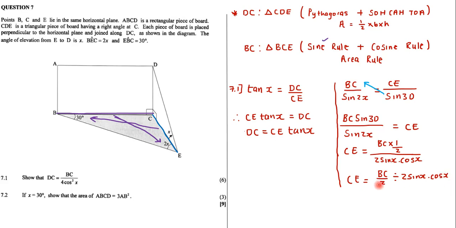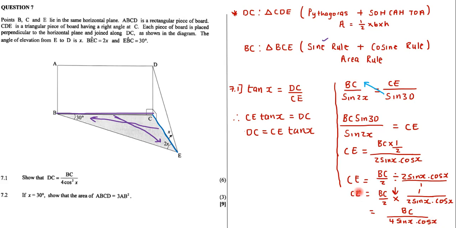If you know how to simplify this, it's basically going to be over 1. You make it BC over 2, change the sign into multiply, and then swap around the fraction that comes after, right? Then BC times 1 will be BC, and 2 times 2 will be 4 sine x times cos x.